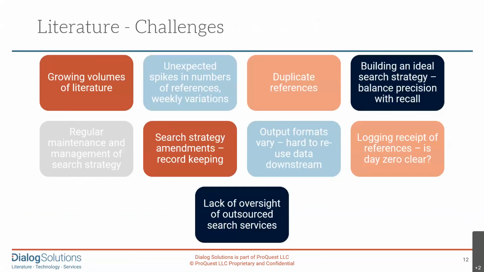Now, there are challenges associated with this literature search. I heard this morning, and I haven't verified it, that 15,000 references a day are added to databases such as Medline and Embase. What I do know is that over the years, we've seen some unexpected spikes in numbers.